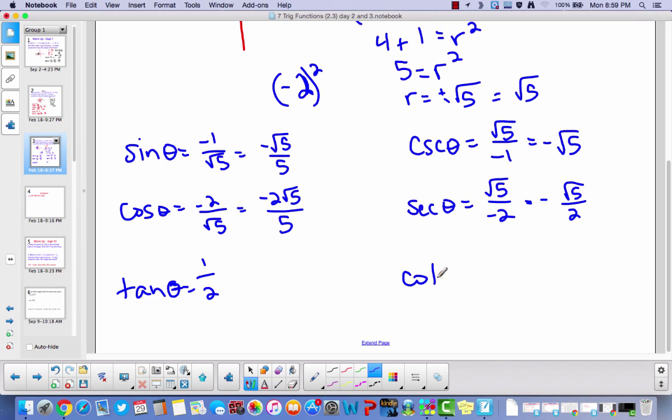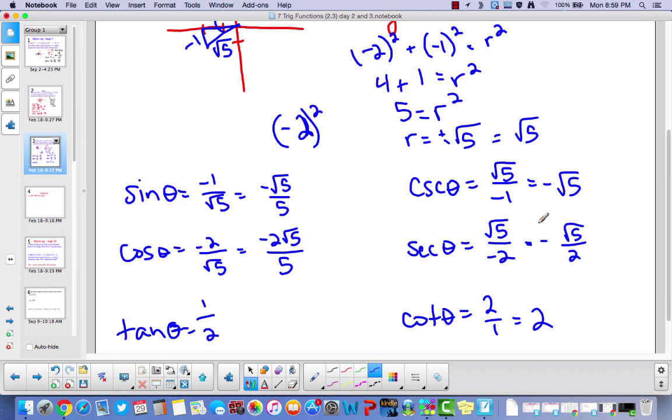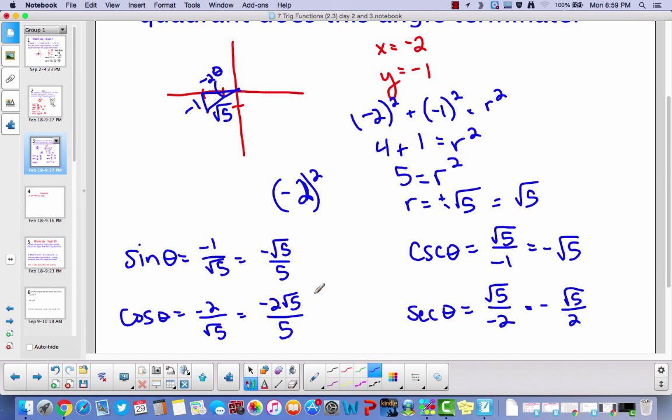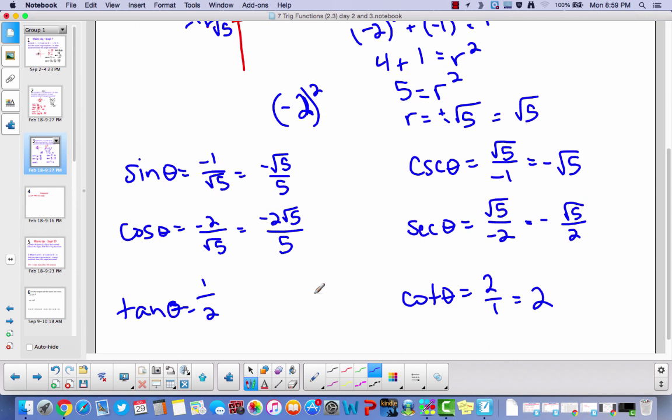And cotangent is the reciprocal of tangent, 2 over 1, which is 2. Remember, our angle is in the third quadrant. So sine, cosine, cosecant, and secant, these 4 values right here, are negative. But tangent and cotangent are positive, which is what we got.